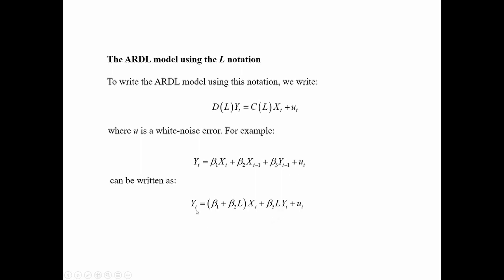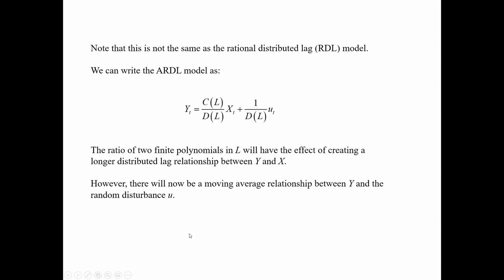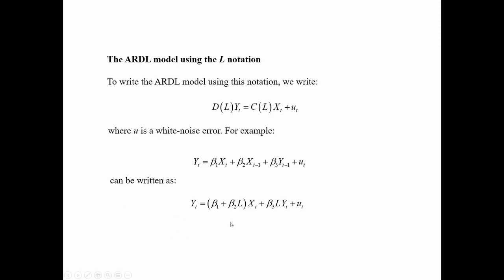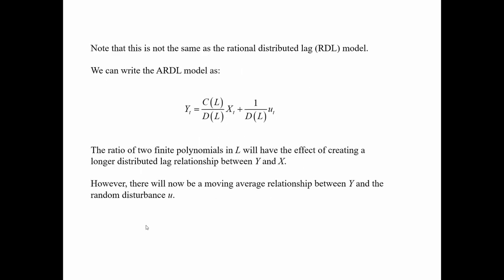We can write it as yt equals (beta 1 plus beta 2 L) xt plus beta 3 L yt plus ut. And that would be potentially useful because we can manipulate this version of the model using the lag operator. We can group together the terms in y and we can then derive the distributed lag relationship with x, and in this case also with the error term ut.